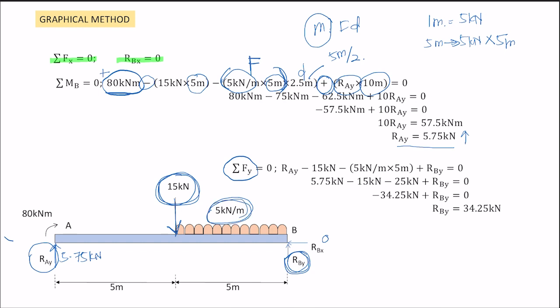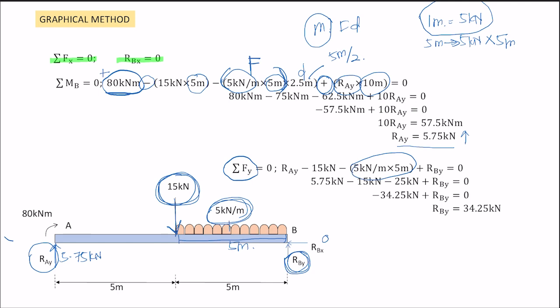Next we have the UDL. As I mentioned, 5 kilonewton per meter, we multiply with its distance of 5 meter, because 1 meter equals 5 kilonewton. So for 5 meter, multiply by 5. That's why here I times with 5.